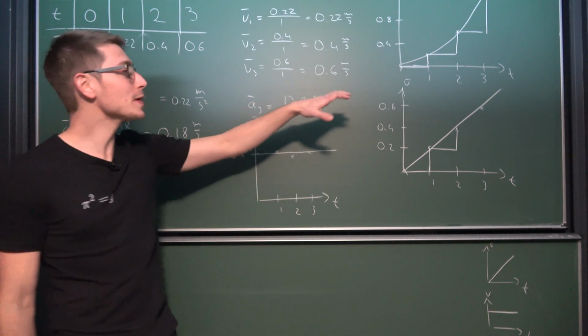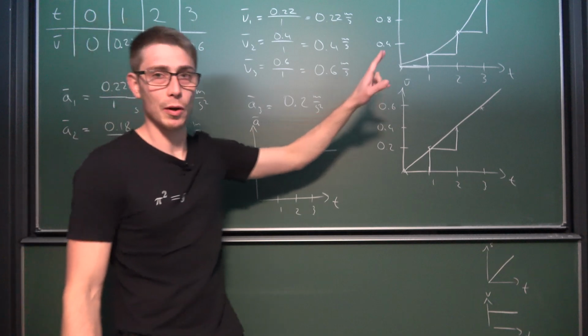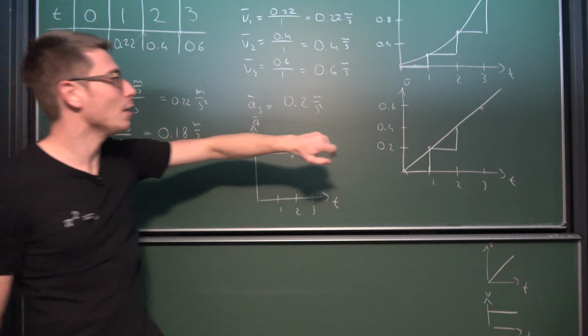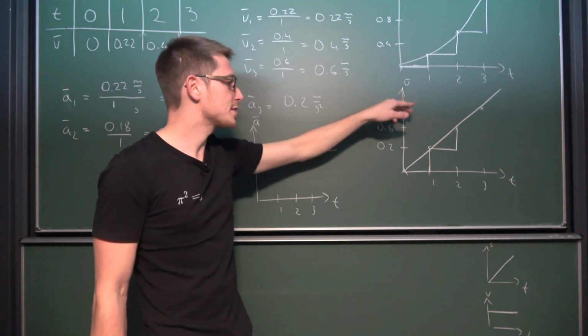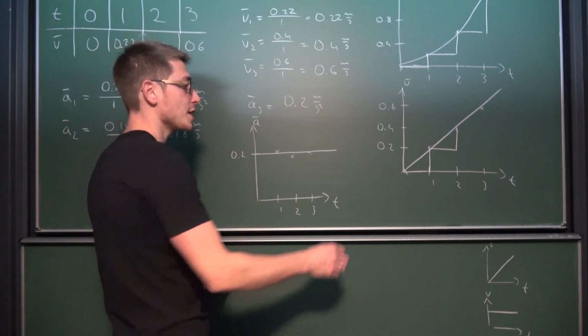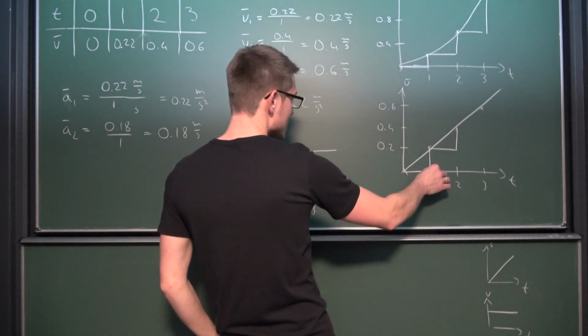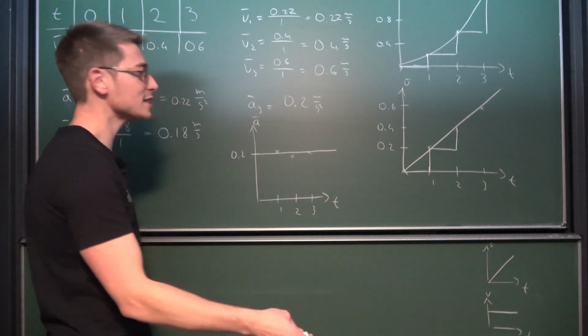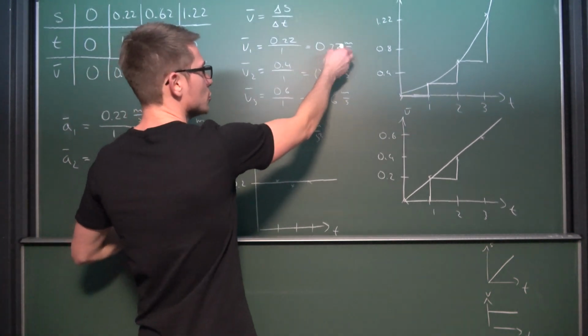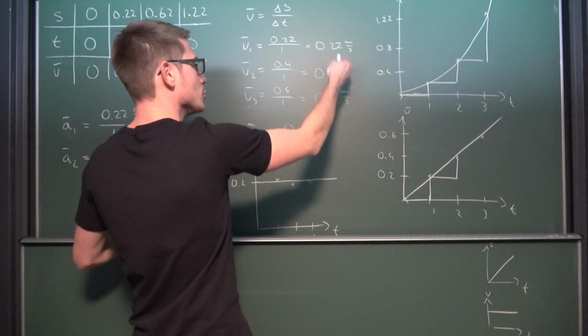Meaning, what we can see here is that on those diagrams, our velocity is going to rise in a linear fashion. Meaning, on average, after every second, our velocity increases by around 0.2 meters per second, from 0.22 to 0.4 and then to 0.6.